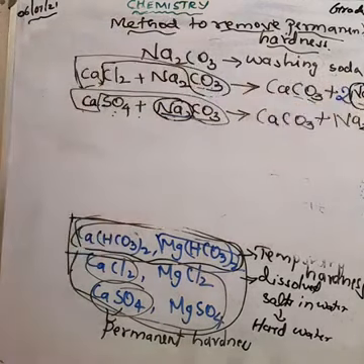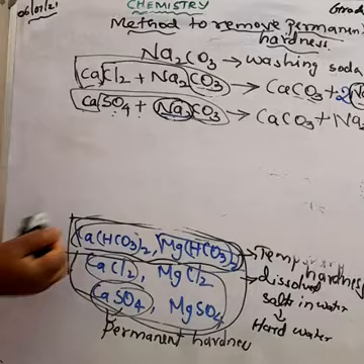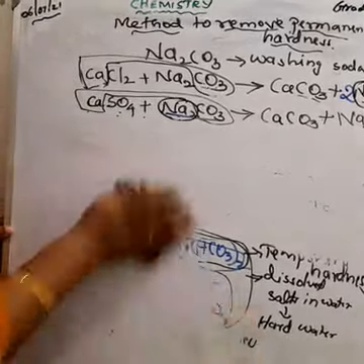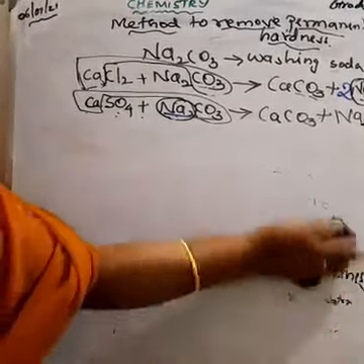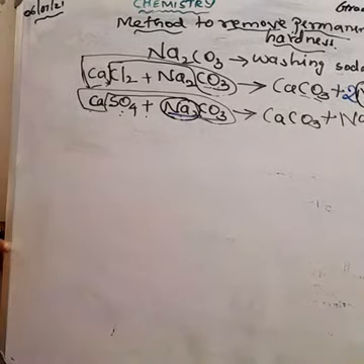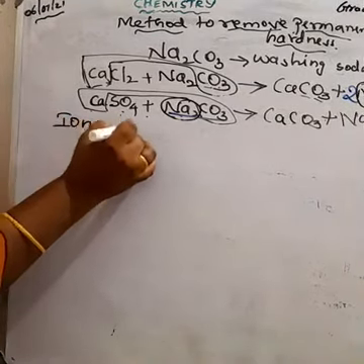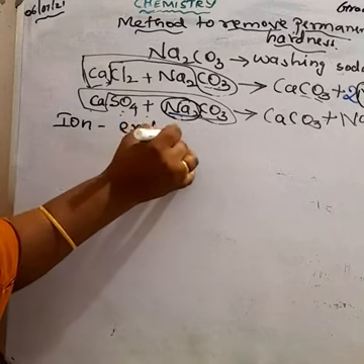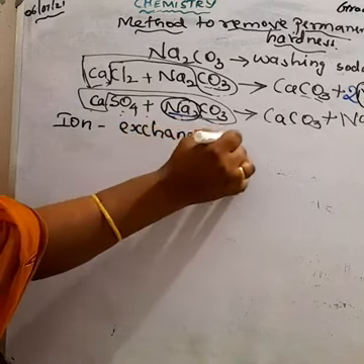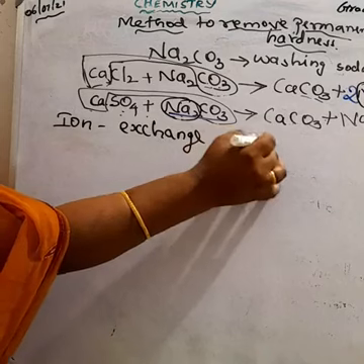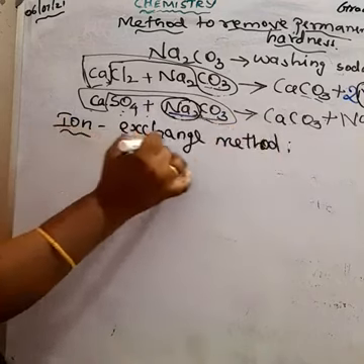This is the method to remove the permanent hardness of the water. And another method, that is very, very important: the ion exchange method. Ion means any ion, maybe a cation or maybe an anion.